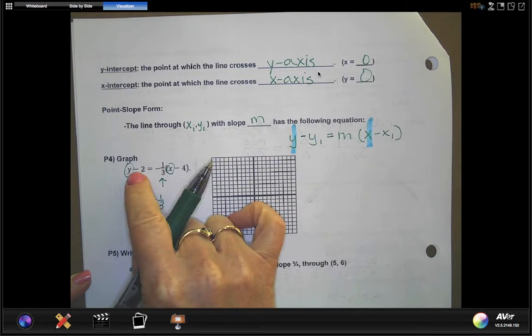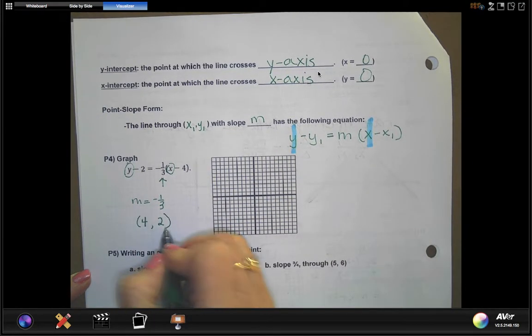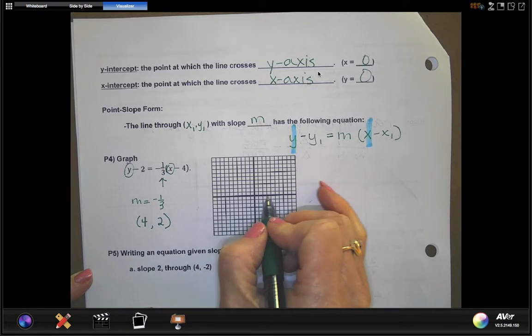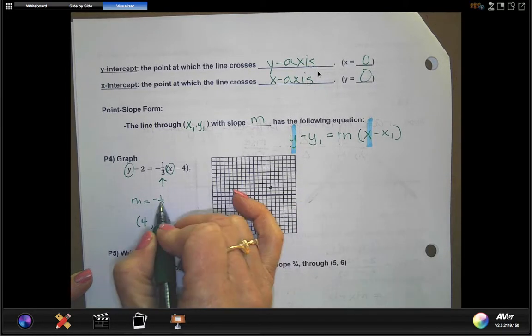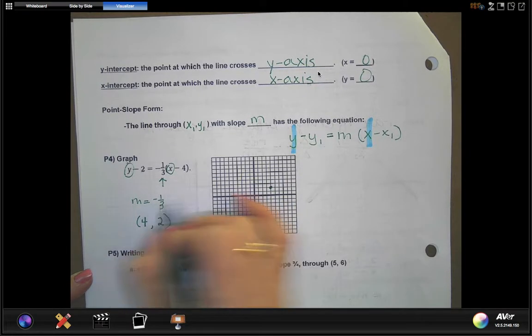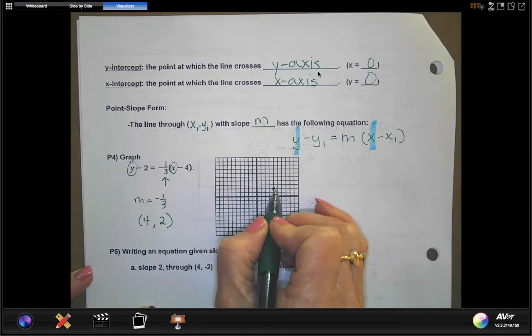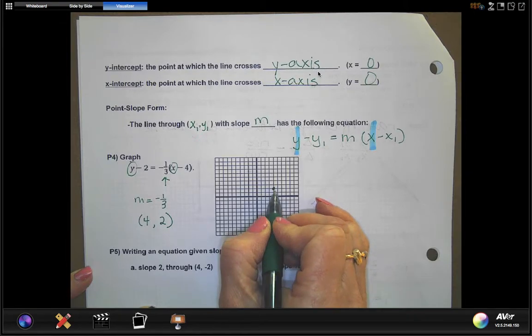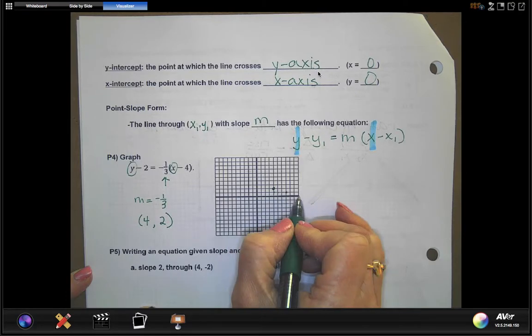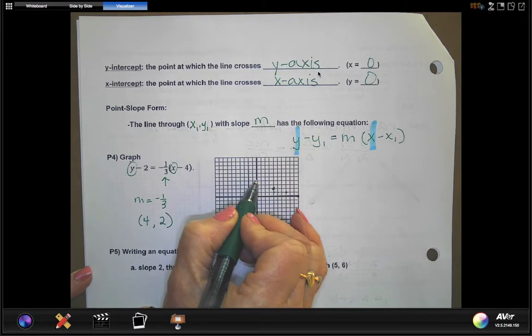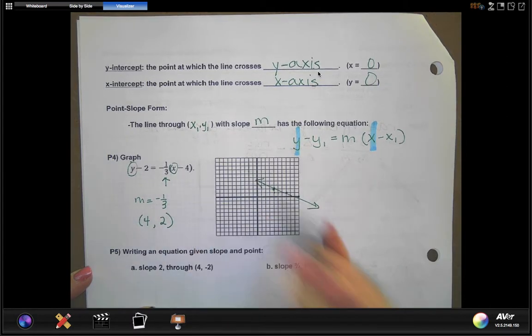Subtraction here, so then I have a positive 2 for my y coordinate. So I'm going to graph the point 4, 2, and then I'm going to use the slope. And this one's negative, so it's got to go down. So the rise, or in this case, a decline, and then over 3. Right, and then there's that graph.